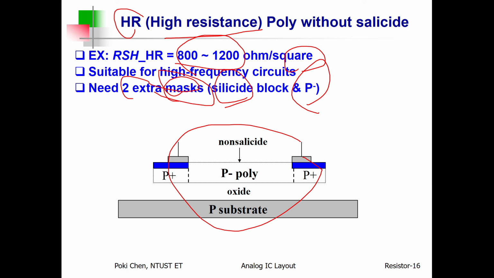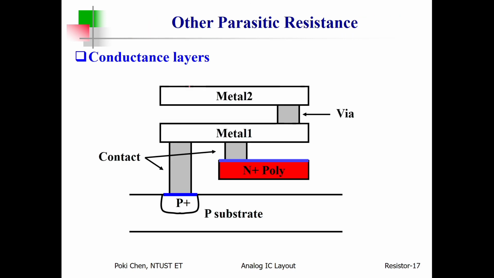It means you need two extra costs to have such an HR polyresistor. Again, it's up to you. I cannot help you make the final decision whether or not to apply such an HR polyresistor. It's really expensive, to be honest. Then you need to focus on such parasitics.